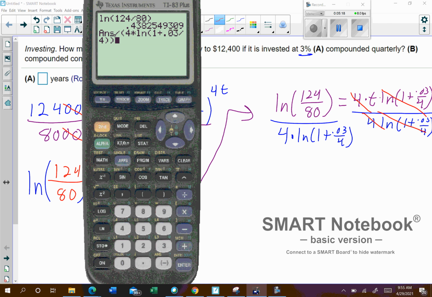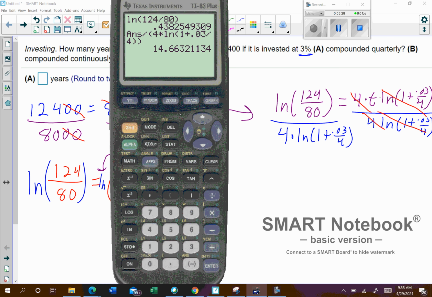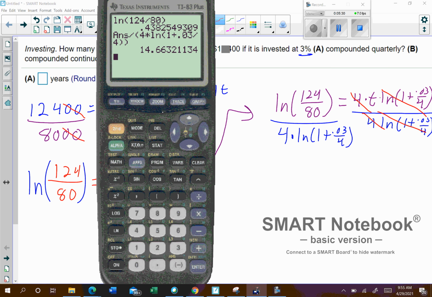Divide my answer by 4 times the natural log of 1 plus 0.03 divided by 4. And so this is going to be my answer right here. It's going to be 14.66. They said round to 2 decimal places, so 14.66.